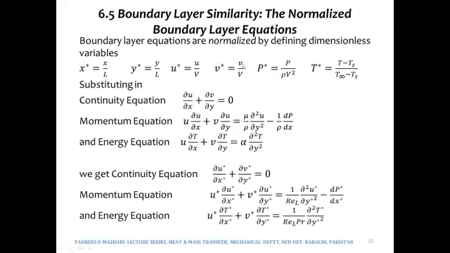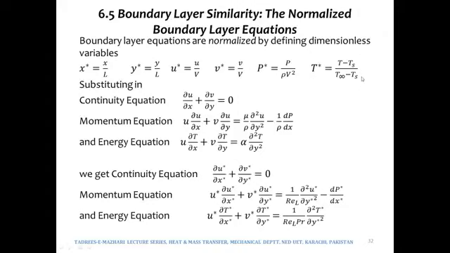Kindly note that small v refers to the component in y direction, whereas capital V refers to u infinity or the free stream velocity. And then we define p star as p over rho V square, because we know that half rho V square is pressure, so therefore rho V square would have the same units as that of pressure. All those in fact are dimensionless. x star, y star, u star, v star, p star and t star, they all are dimensionless quantities.